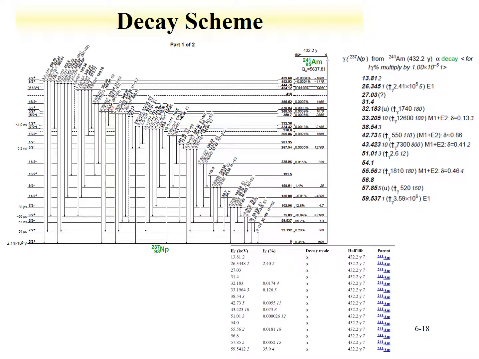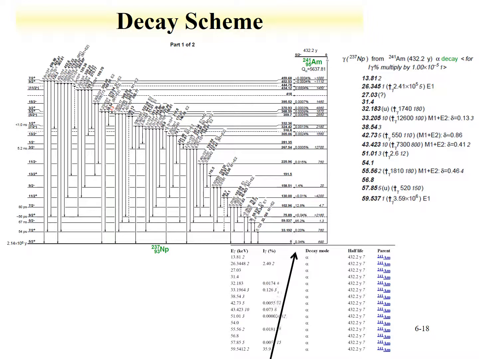Here's an example of the decay scheme for americium-241 from the previous example, where we see the americium-241 decays down to this state, the 59.5 keV excited state. And here are two routes of getting the percentage that we showed on the other page. The one here where we take this value and multiply it by the multiplication factor, or something directly from the web where we can get the percentage directly.